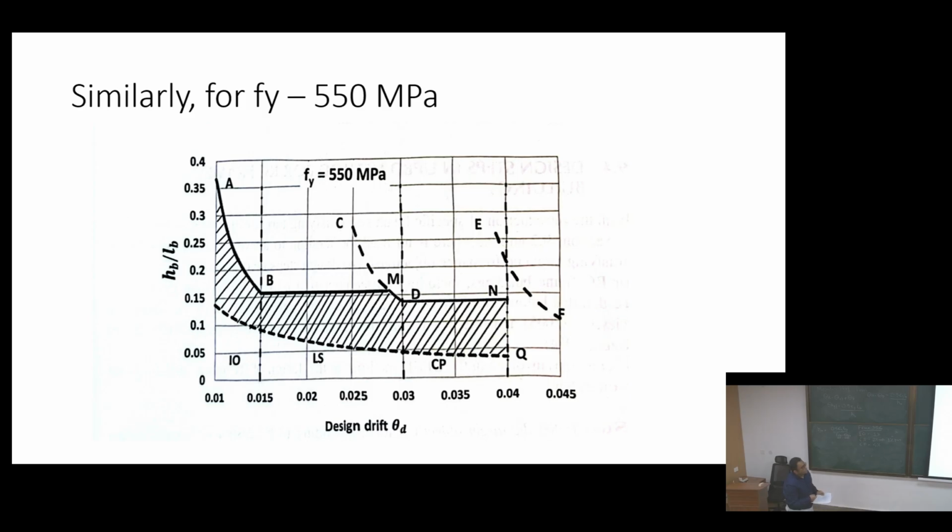So generally you'll find these in the literature for different grades of steel, but you can also create these in Excel if you want to. For different grades of steel, it'll have a different set of curves. Questions?